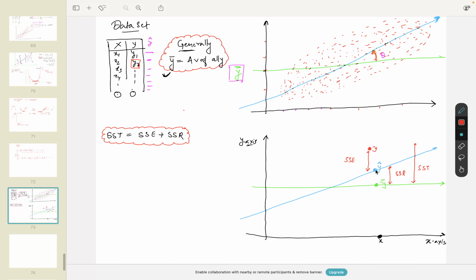If this y cap collided with the y everywhere, then the error would be 0, right? But since linear regression is a straight line, somewhere y cap and y will collide, but somewhere there will be a difference, the error.